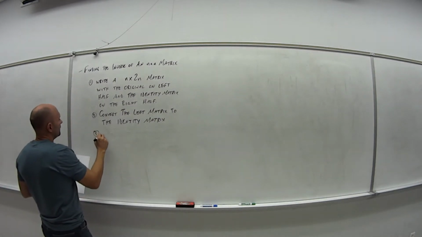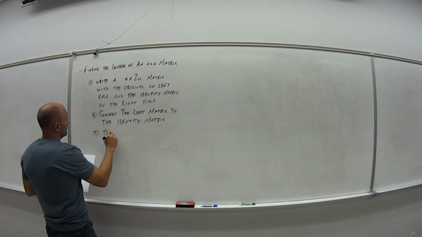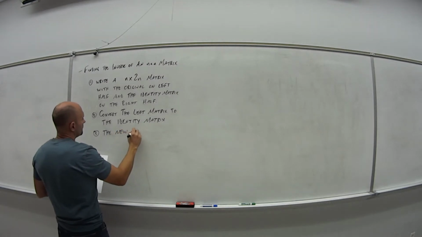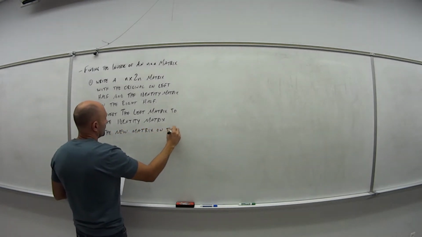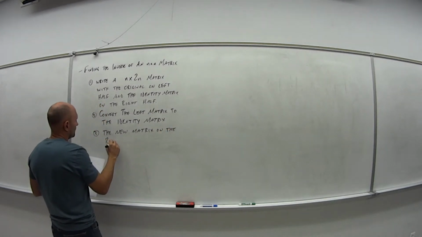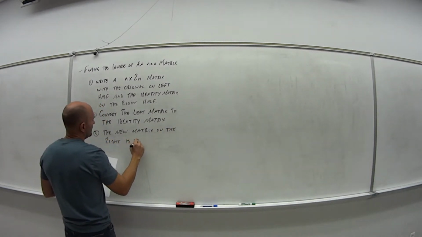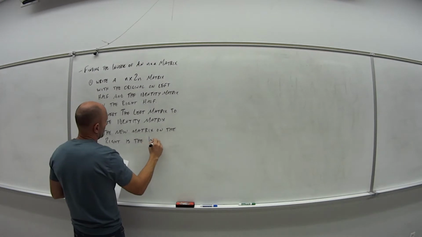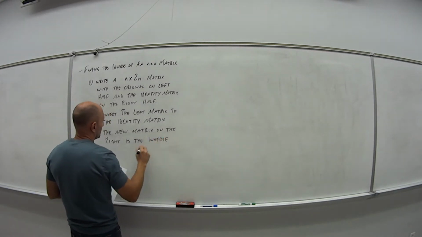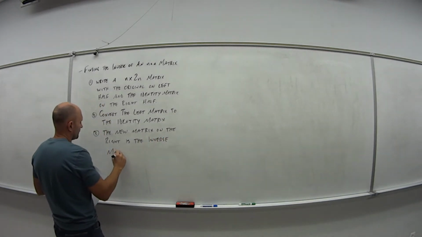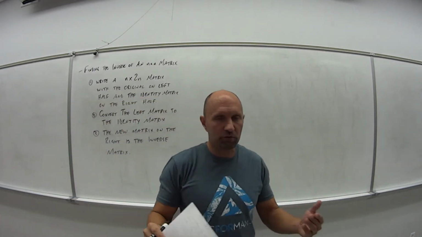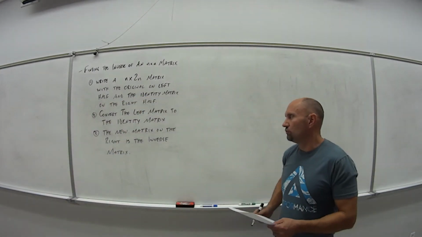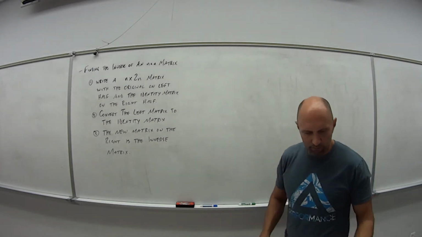And once we've done that, the new matrix on the right is the inverse matrix. So actually pretty neat that somebody figured this out, that if you do these processes, it'll generate the inverse matrix.